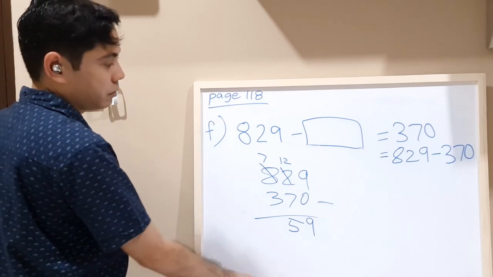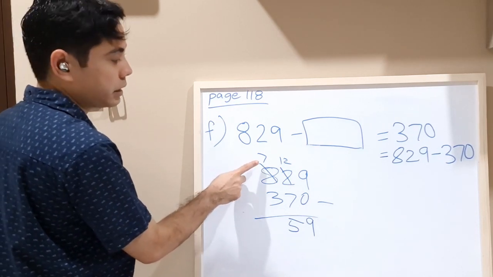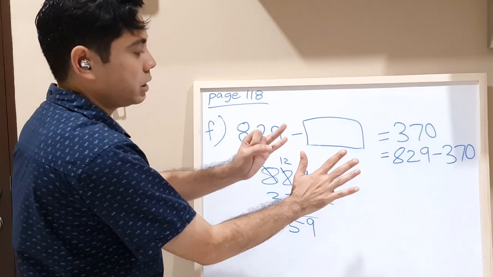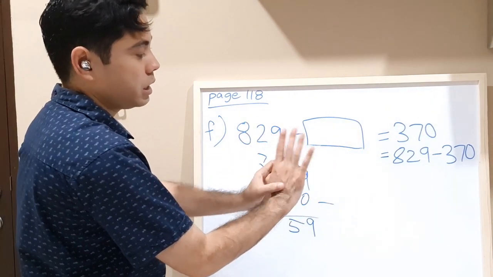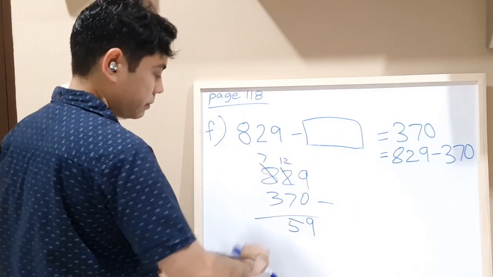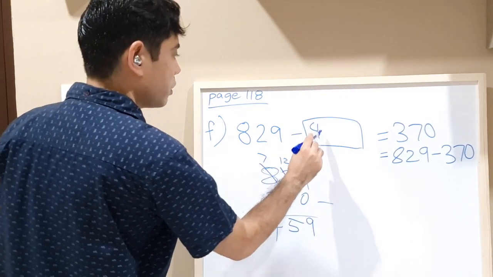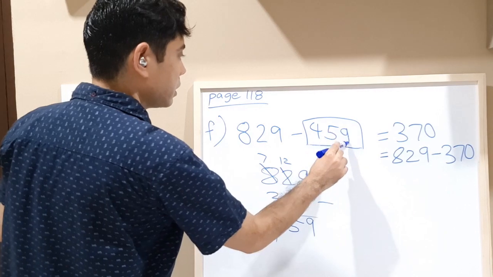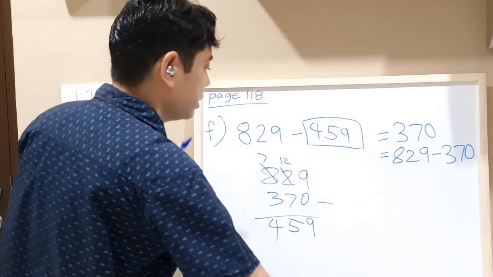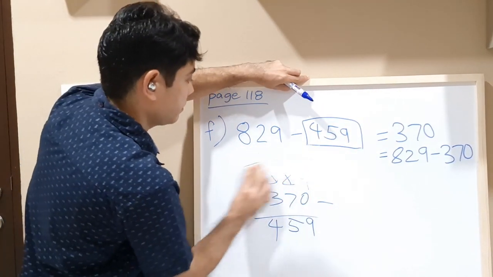Now 7, hundreds place. 7, take away 3. 1, 2, 3 will give you 4. So the answer is 459. Is this correct? Let us check.